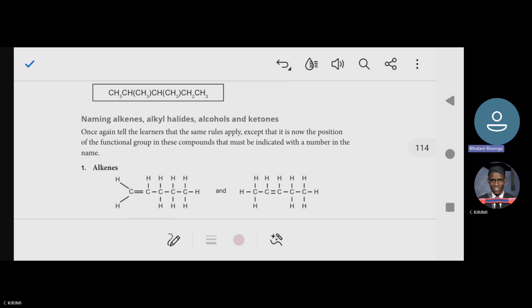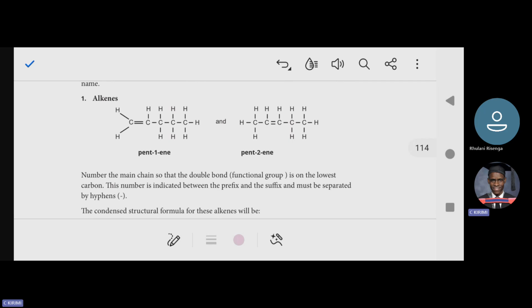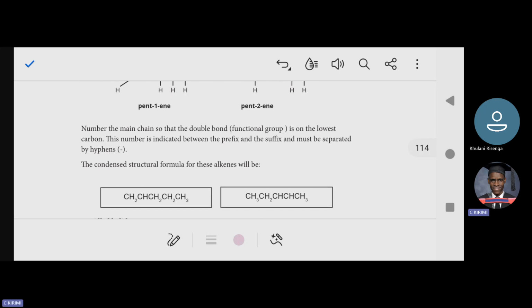Pent-1-ene, because of 5 carbons, which is correct. And then that one, it will be pent-2-ene. Or if you want, you can write 2-pentene, isn't it? Yes. You can write 1-pentene, but sometimes they just write pentene without the 1, which is correct.